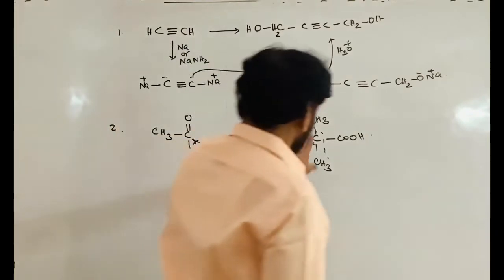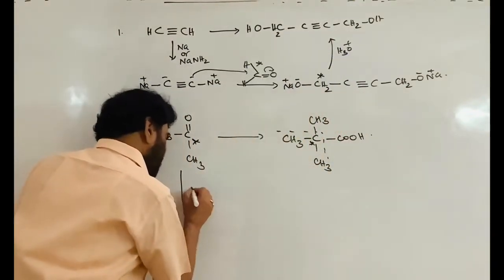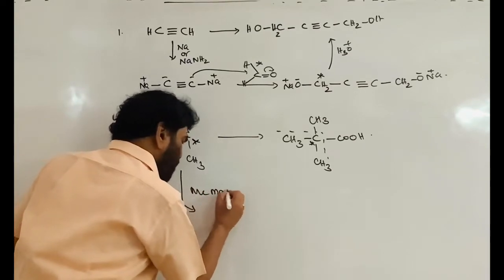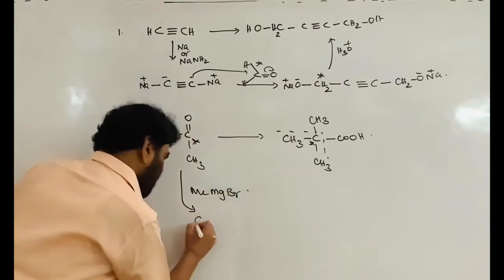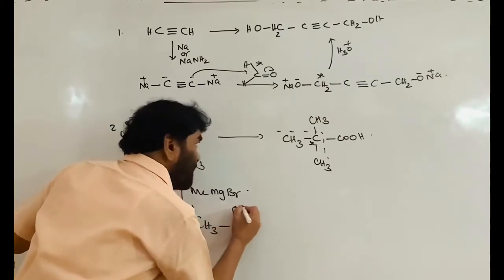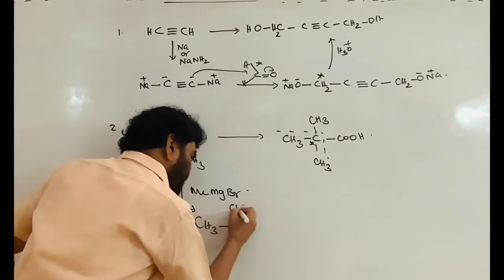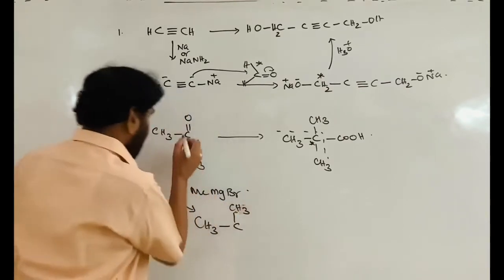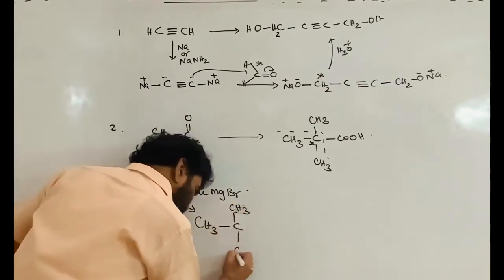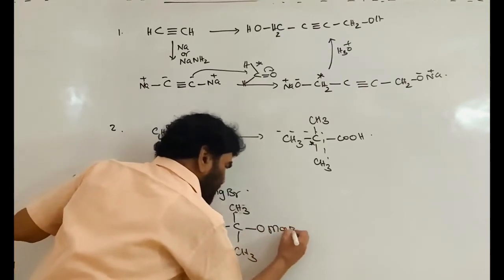So methyl groups have to be introduced. Treat with methyl magnesium bromide. This is CH3, the newly introduced group, and this is your oxygen MgBr.